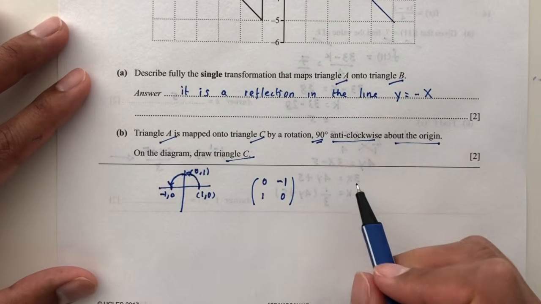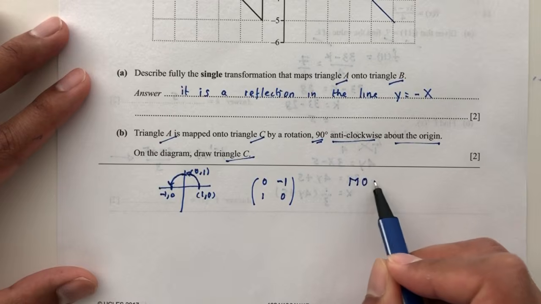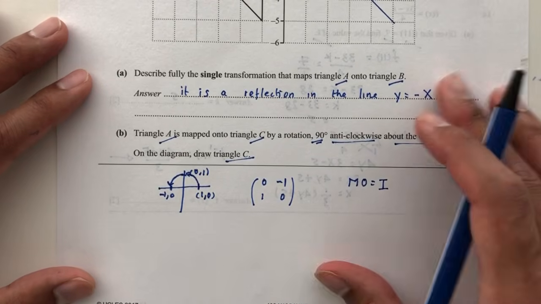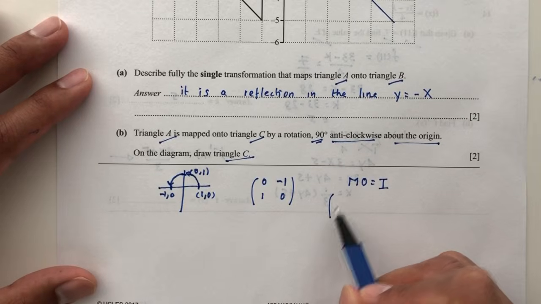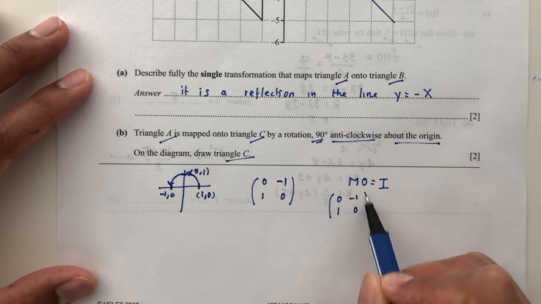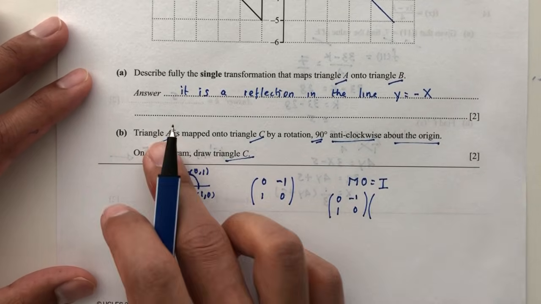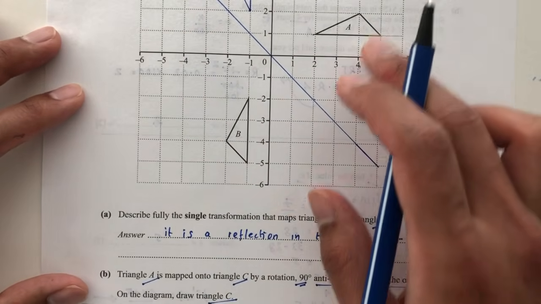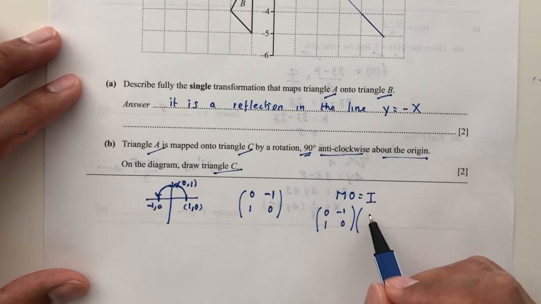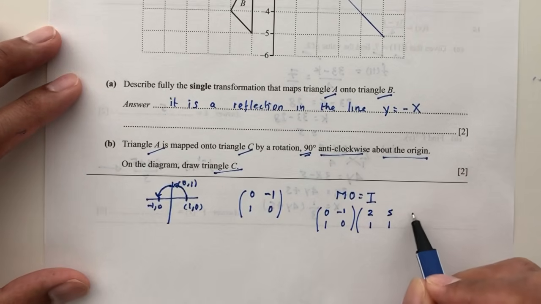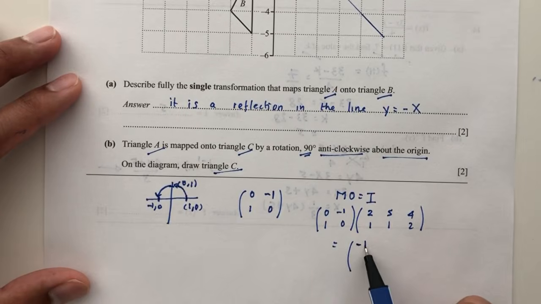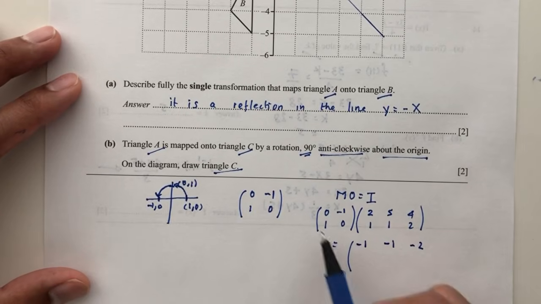Now to find the image, you do matrix times object equals image. Let's test. The matrix is 0, 1, minus 1, 0, and the object is your triangle A. A has points 2, 1, 5, 1, and 4, 2. So the image will be minus 1, minus 1, minus 2 on top, and 2, 5, 4 below.